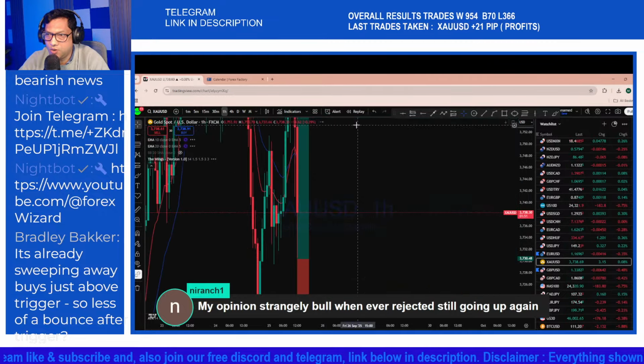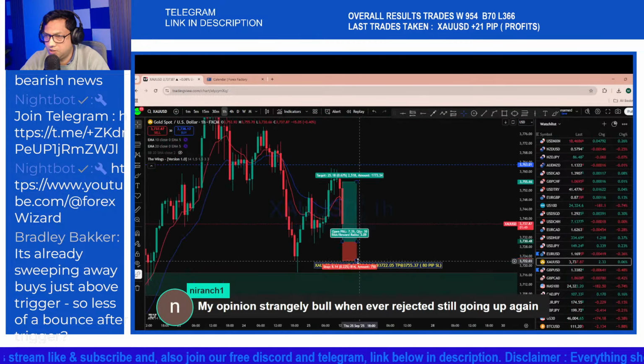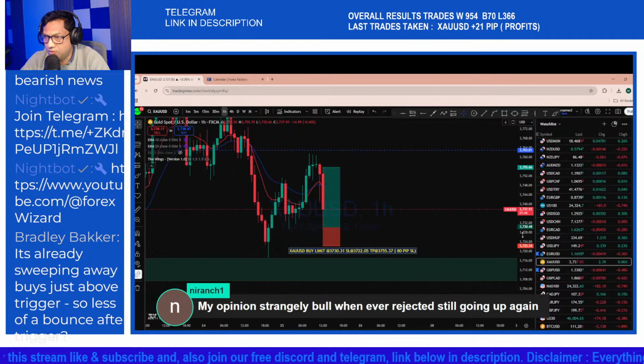Alright, so you can see 1 hour candle close coming, which is a rejection from here.